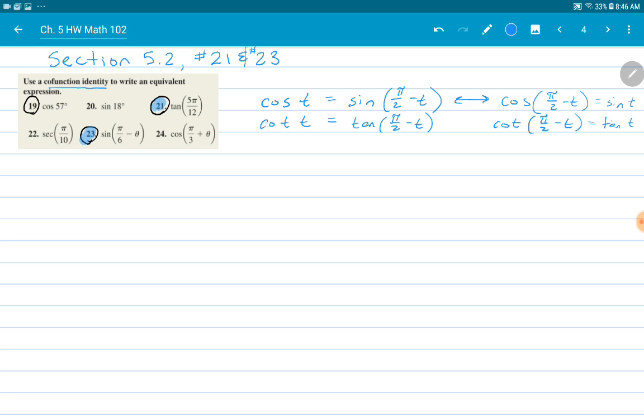Okay, so I'm going to look at 21 and 23 in our example here. For number 21, we have tangent, so that is going to be this row, and they gave me an angle t, so I'll use this one right here, where t equals 5 pi over 12.